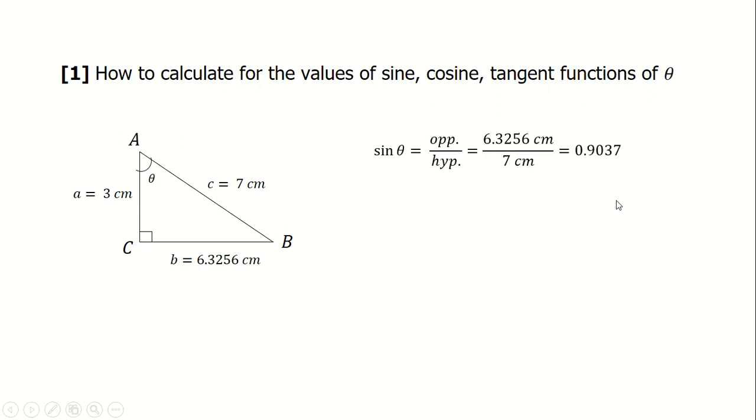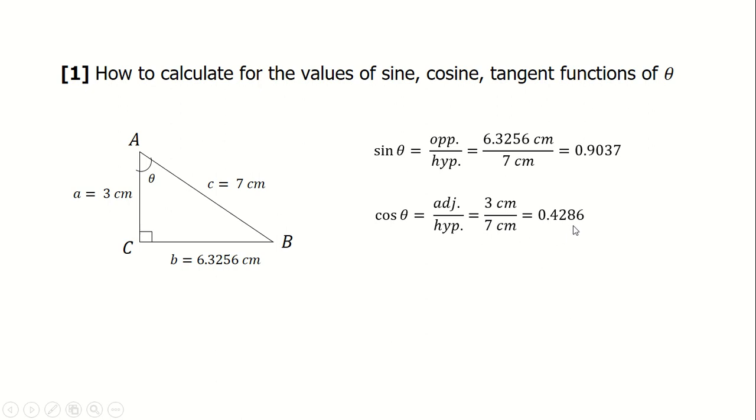So solving for the sine function first, sine is opposite. So that's going to be 6.3256 divided by the hypotenuse, which is 7 centimeters. So if you get the quotient, this is what you will be getting. Cosine, C, adjacent over hypotenuse. Adjacent is 3, and hypotenuse is 7.